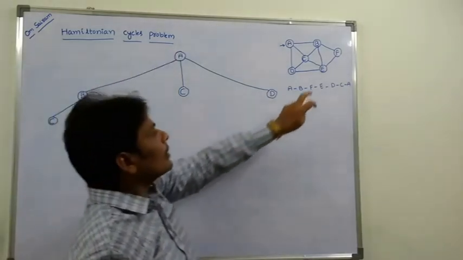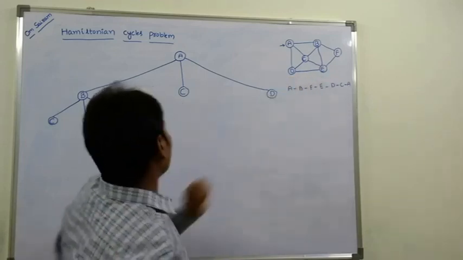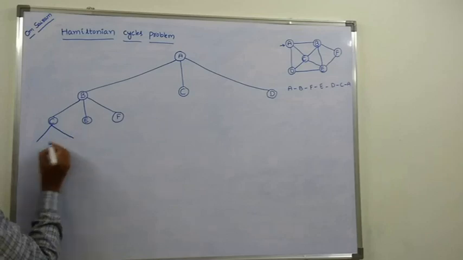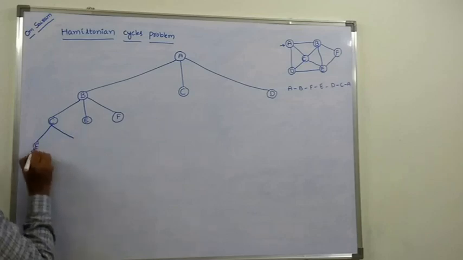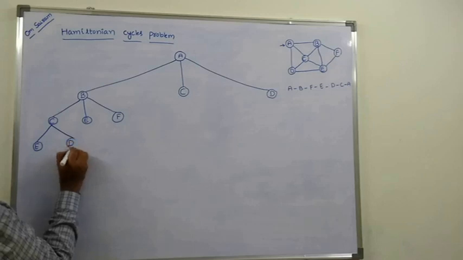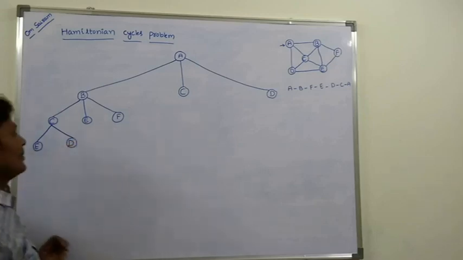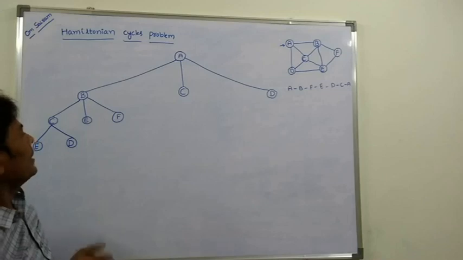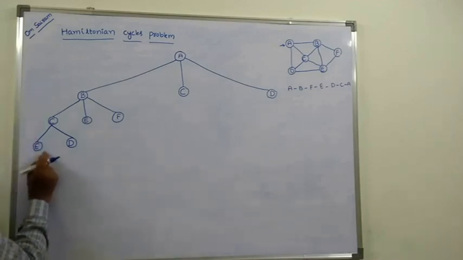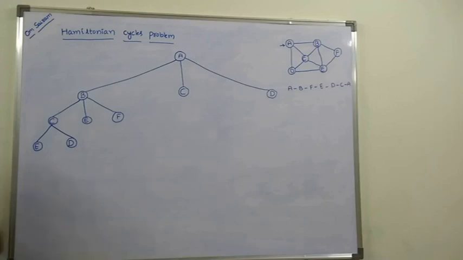The remaining are E and D. So for vertex C, the adjacent nodes are E and D. Next we go to the leftmost node for vertex C, that is vertex E.